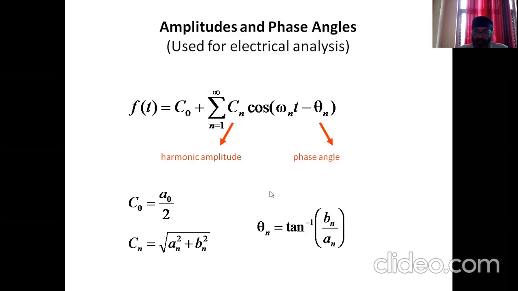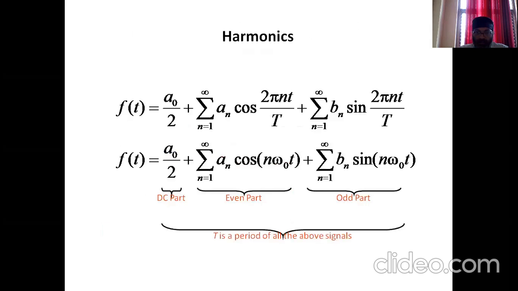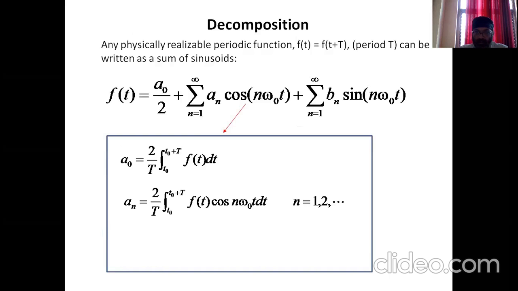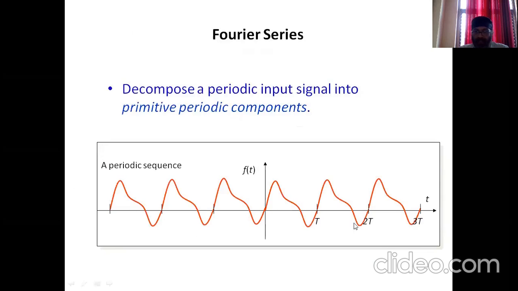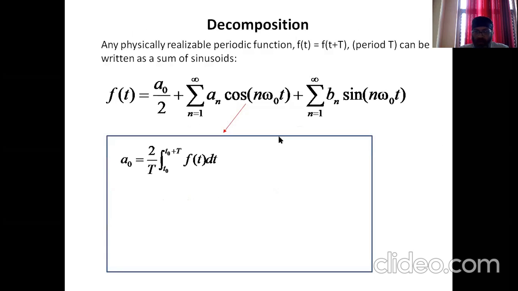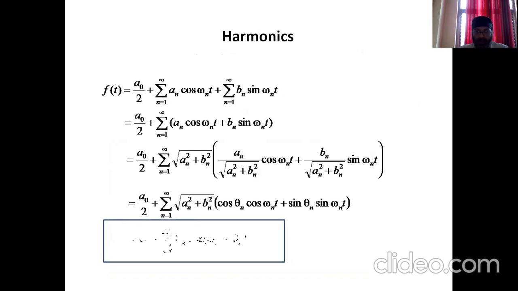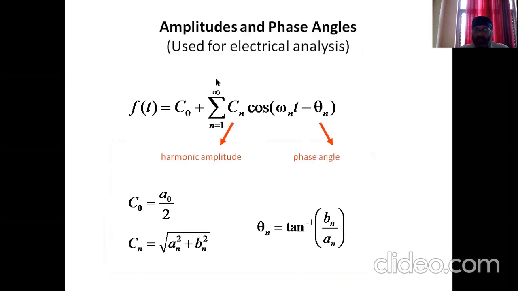So this is now the function. It means this function f(t) has now been represented by this, in a simpler way, by that particular waveform.